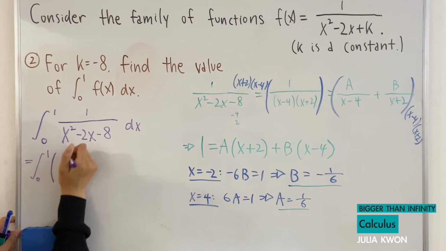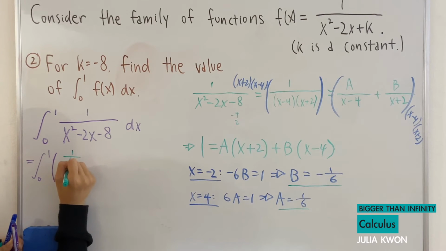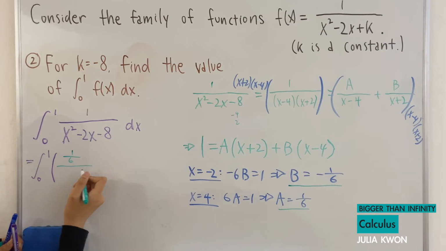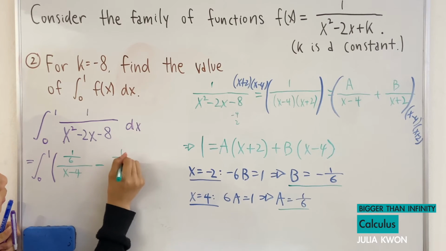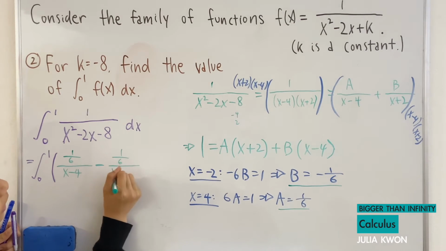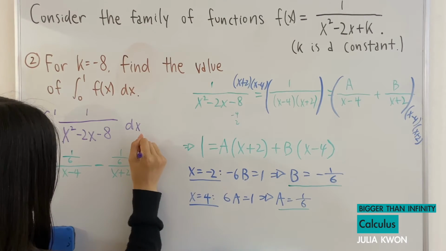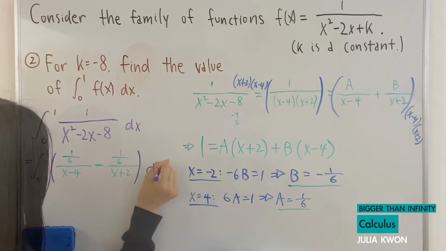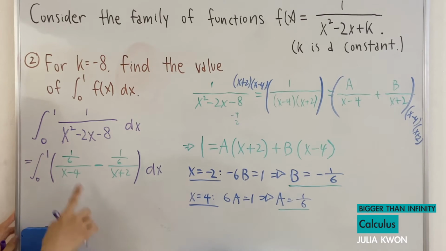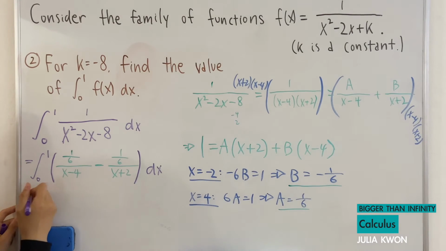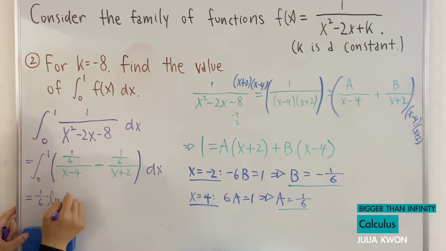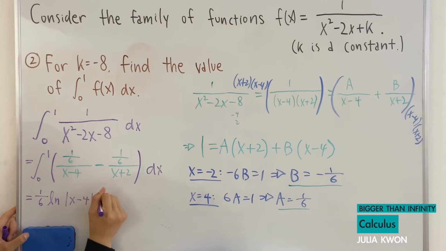And we would have 1/6 divided by x minus 4 minus 1/6 divided by x plus 2, dx. Now we can factor 1/6 outside, or we can just take the integral, because it doesn't really matter.